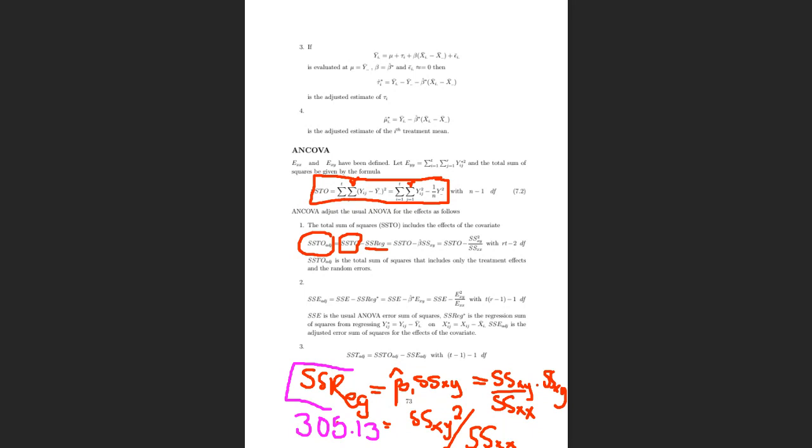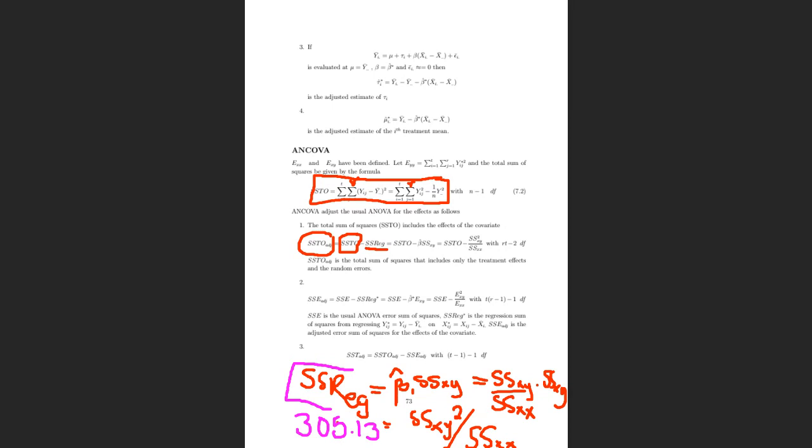SS reg, you need it to find what? SSTO adjusted, because it will be SSTO minus SS reg. And now, using the same idea, can you please find SS reg star?